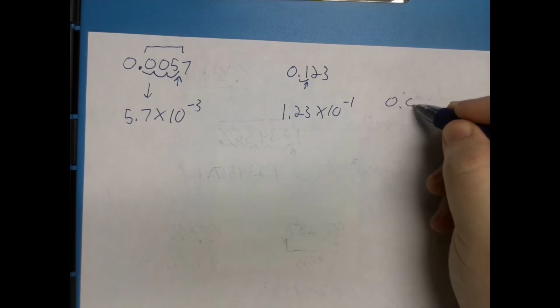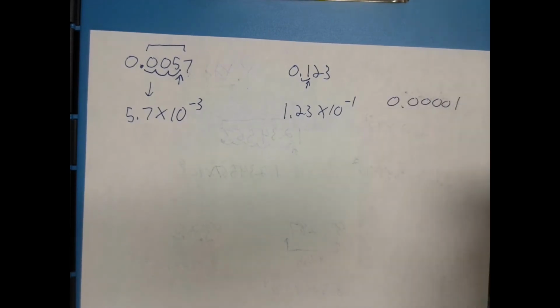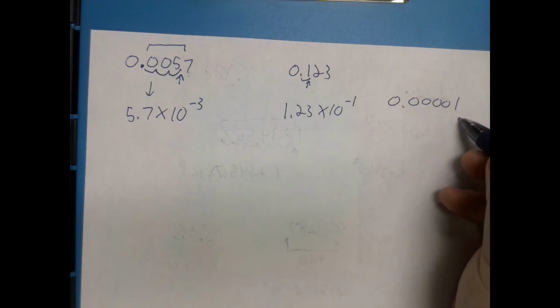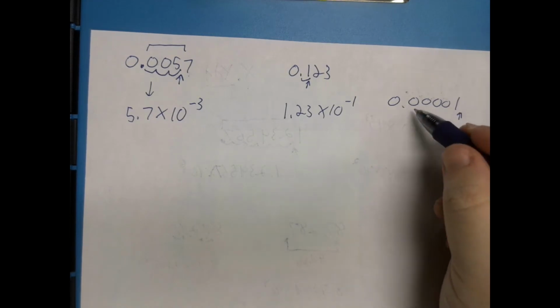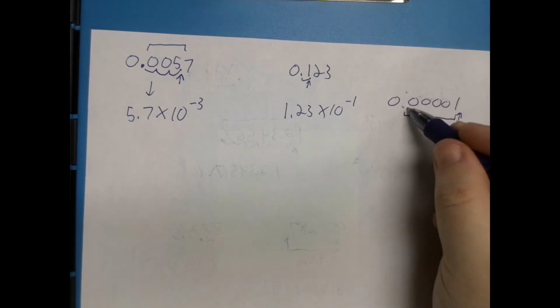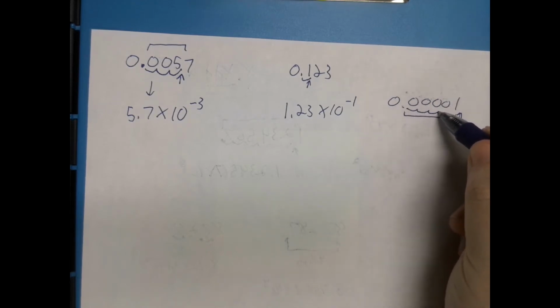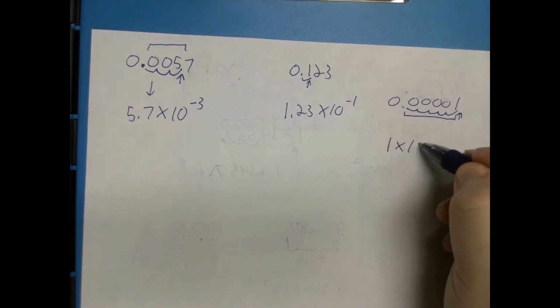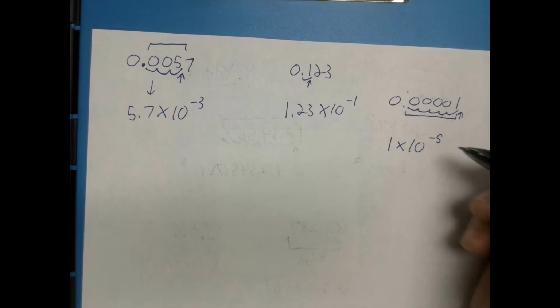So 0.00001. So you want it after the first non-zero. You want it right here. So 1, 2, 3, 4, 5. So that'd be 1 times 10 to the negative 5.